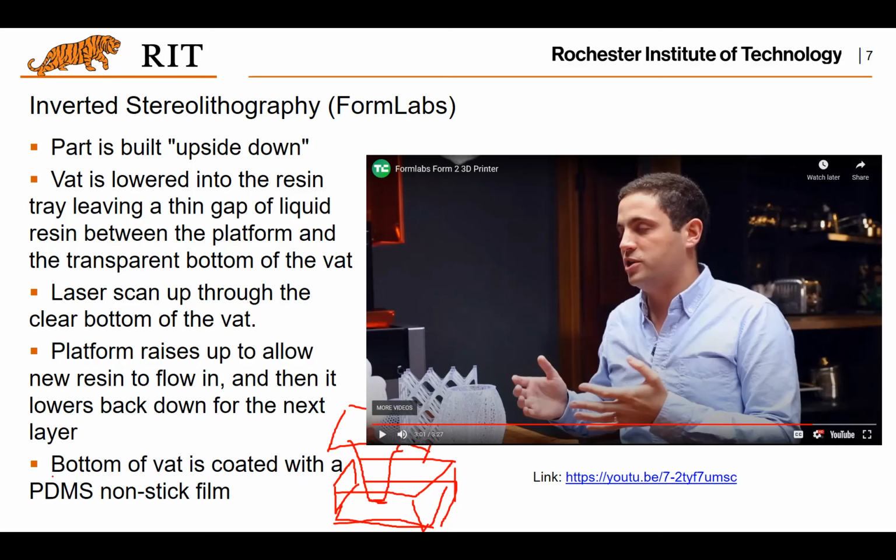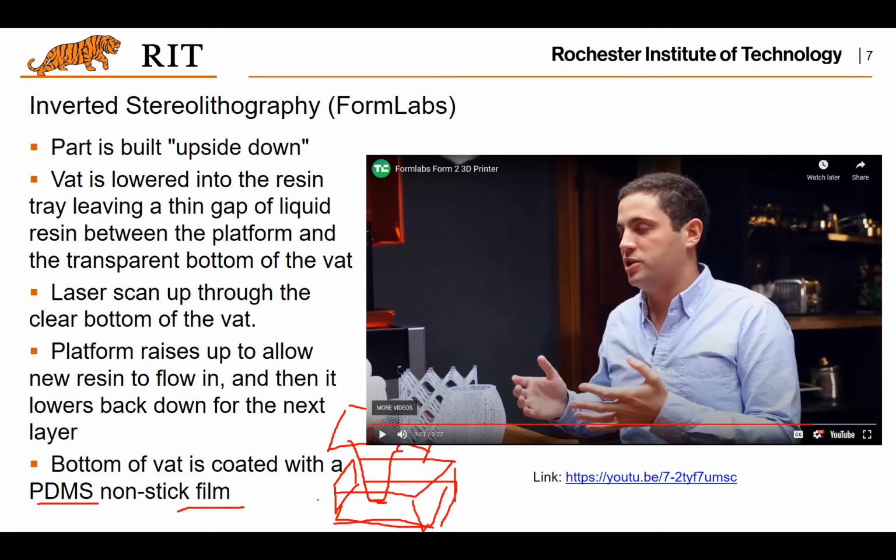And although we already use some material like PDMS, which is a non-stick film, you can think of this as something like Teflon, right? So that means it's very hard to stick to such a material, but still there will be a weak bonding between the cured layer and the bottom of the tank.